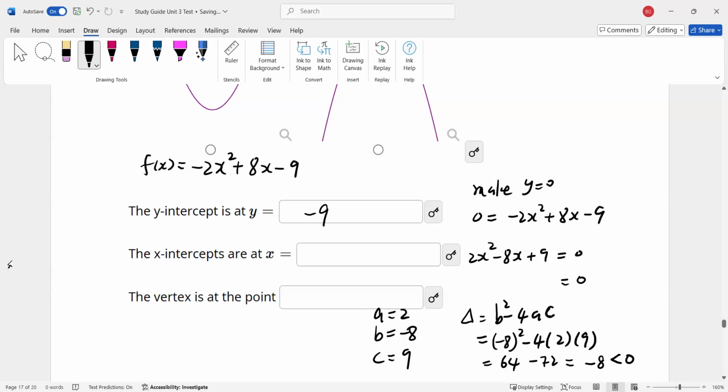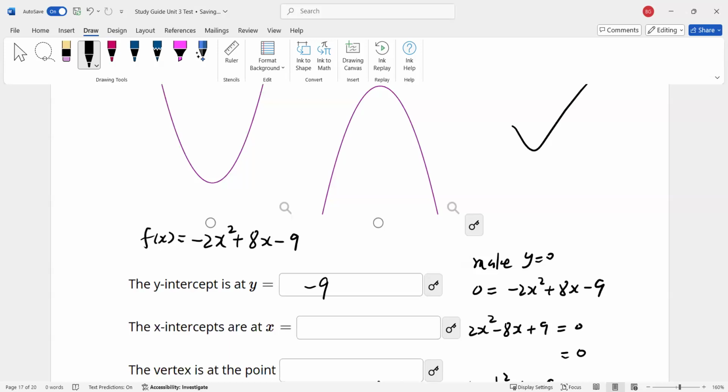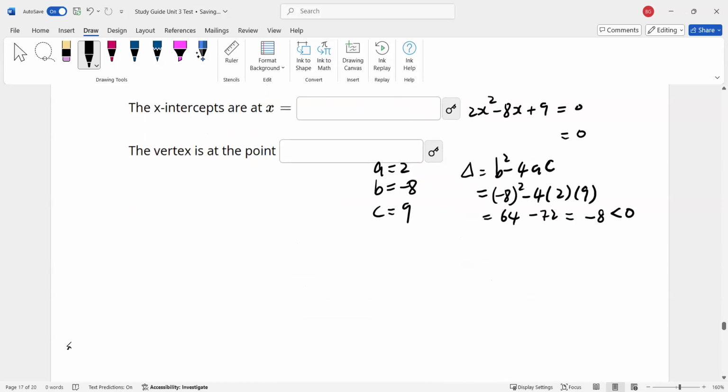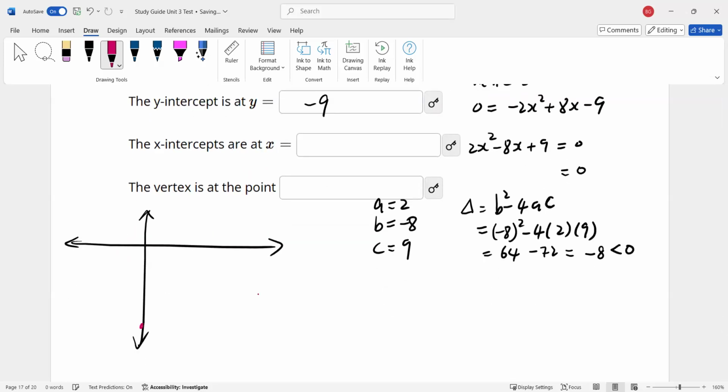What does that mean? That means the graph of the parabola is like this. I give you 6 graphs. The y-intercept is 0, negative 9. So down here.